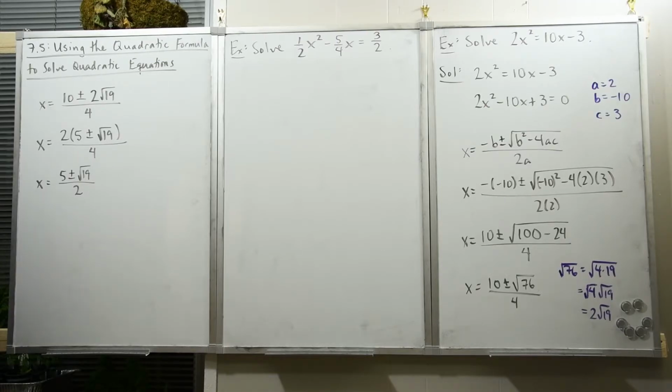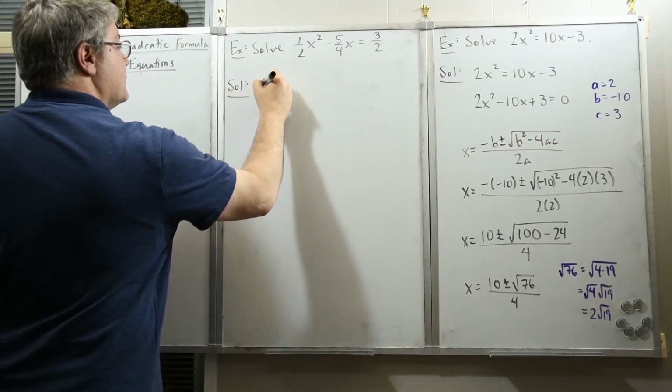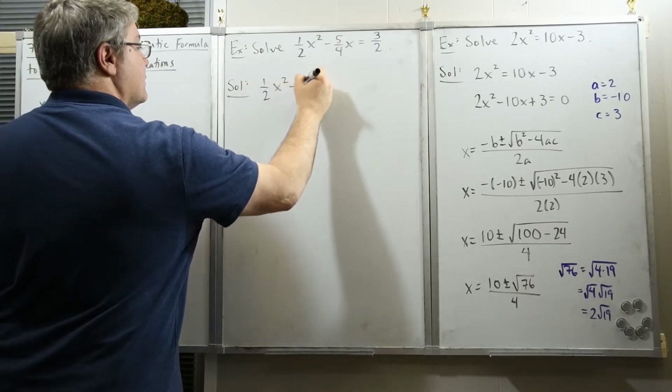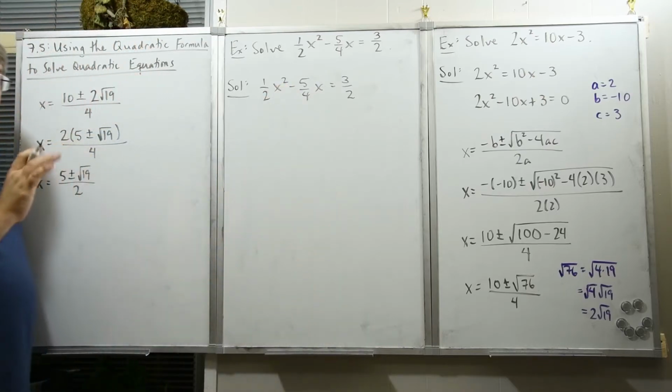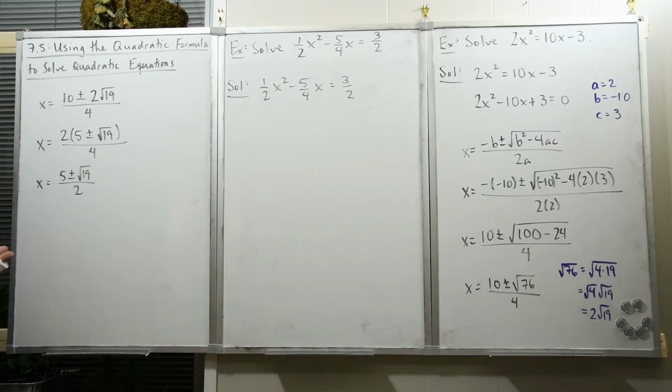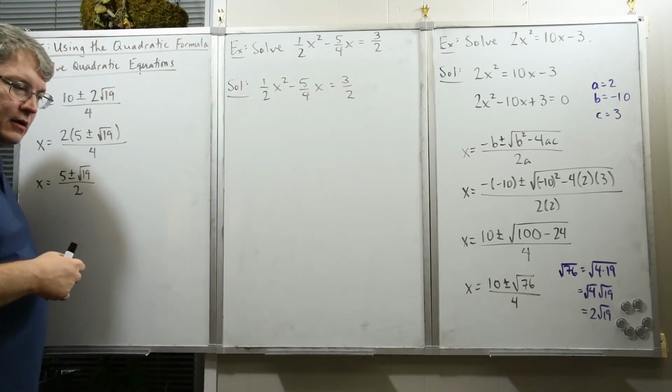Now, it probably doesn't look very good at this point, but one thing we can do is get rid of these denominators. You got 2, 4, and 2 as our denominators here.